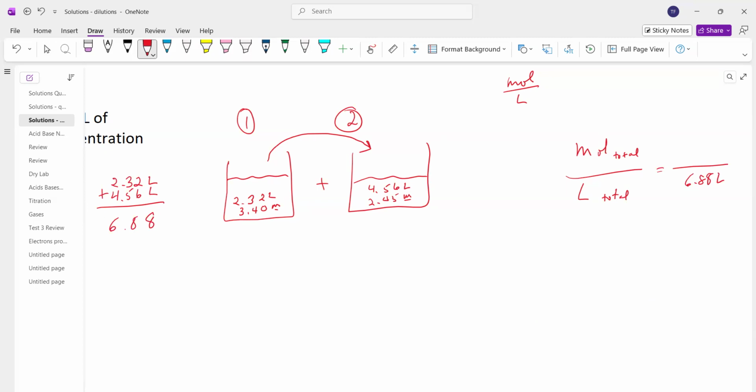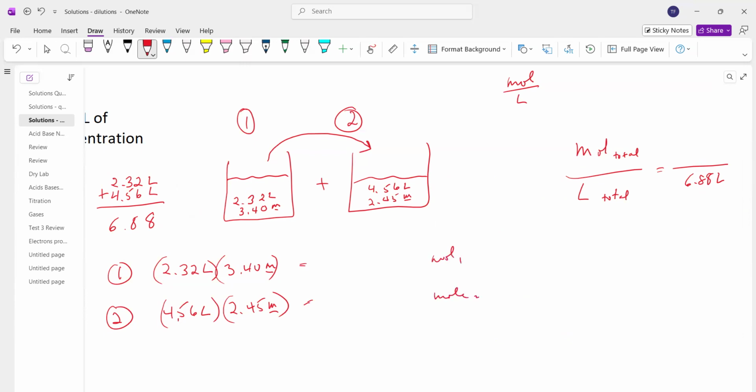Moles: we've got to calculate moles for each one, then add them together. So number 1 is going to be 2.32 liters times 3.40 concentration. Solution 2 is going to be 4.56 liters times 2.45 concentration. This will be moles of 1, moles of 2.